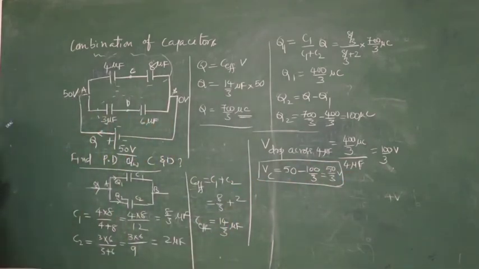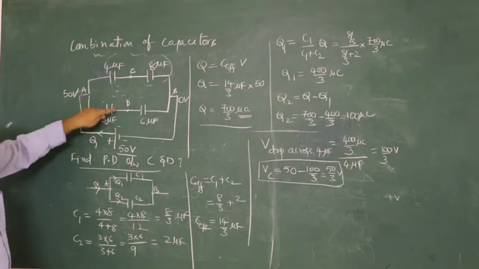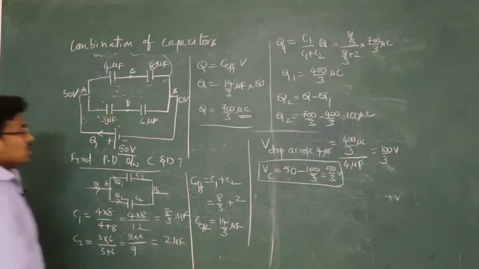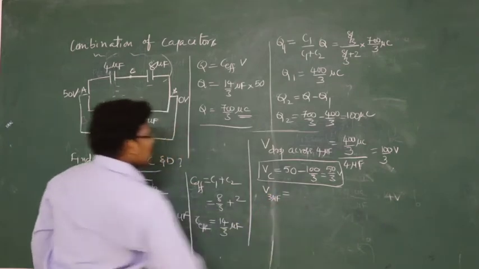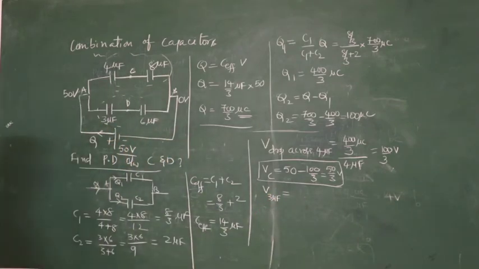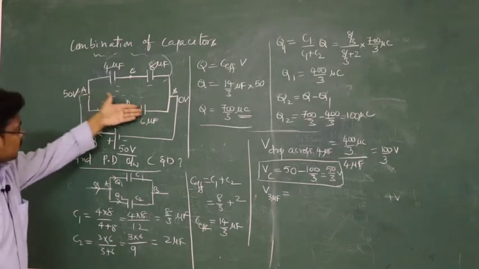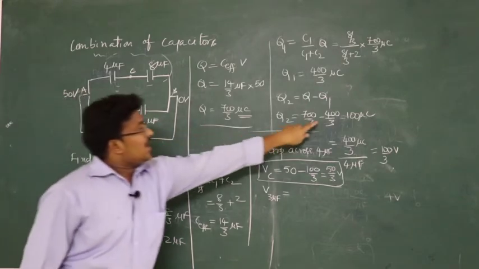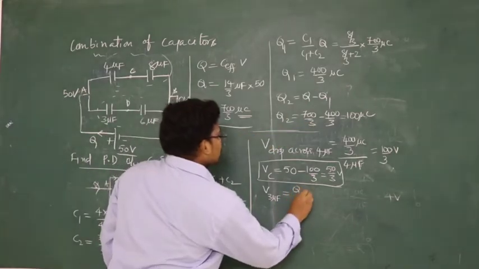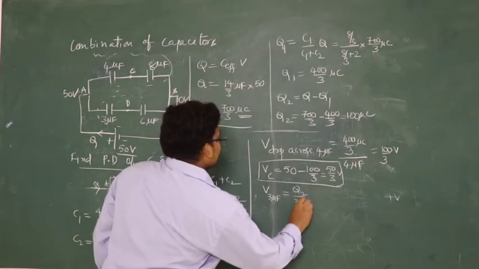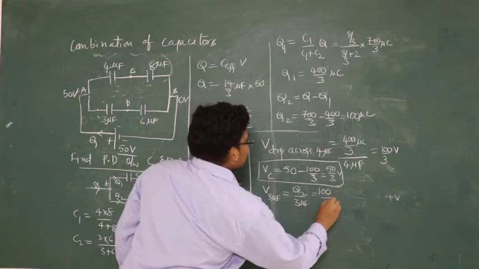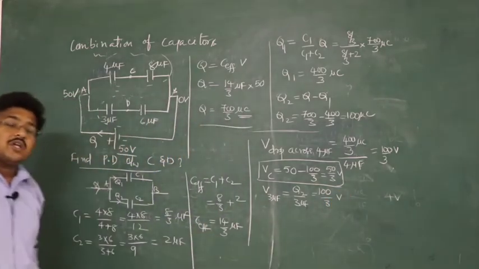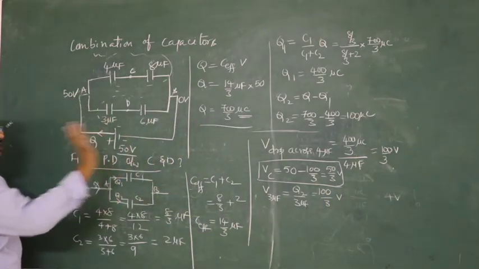In the similar way, you find out potential drop across this one 3 micro. Now V across 3 microfarad. So V formula is Q by C. Now what is the charge flowing through this branch, which is Q2? 100. So Q2 by this is 3 micro. So it will be 100 by 3 volts. So what is the voltage dropped across this 3? 100 by 3.